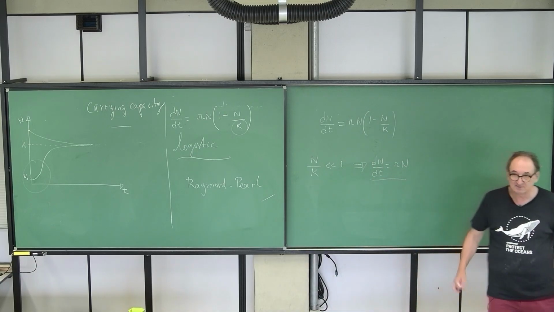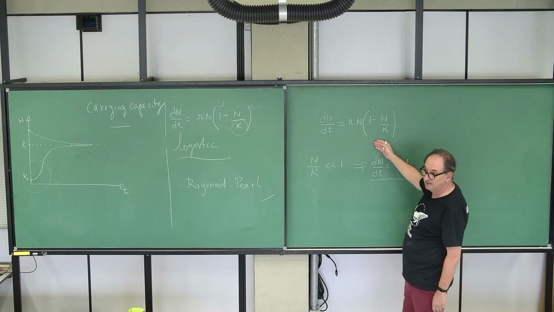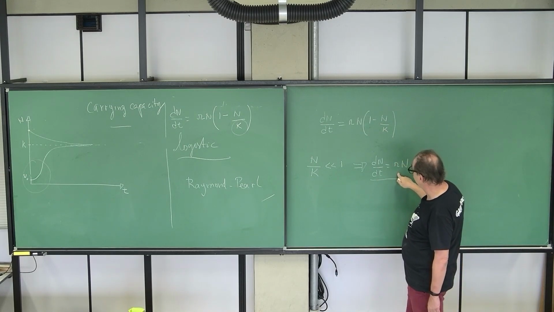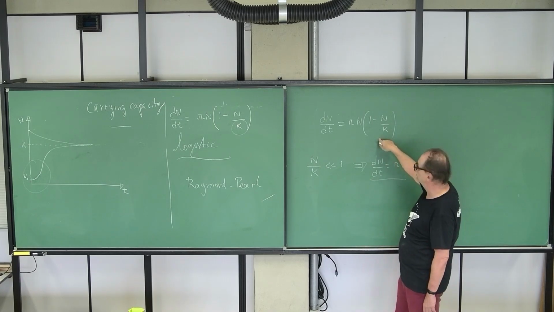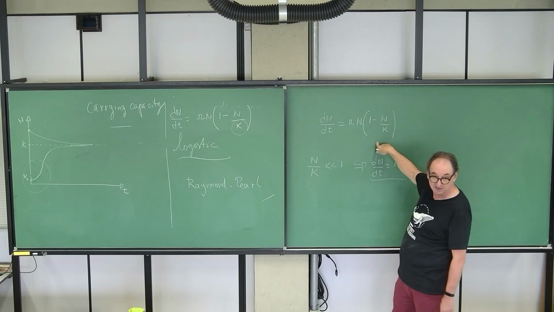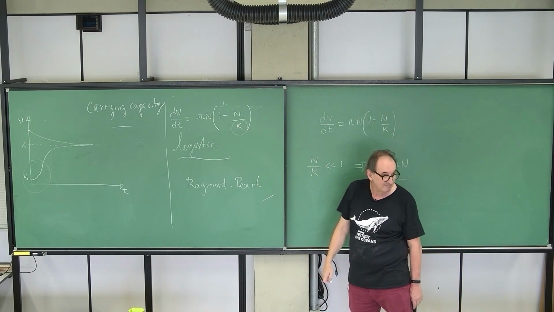Small populations will grow exponentially, but when N grows, the approximation is no longer true, so it's no longer Malthus; the full equation has to be taken into account, and the full equation has this solution, which is plotted there.